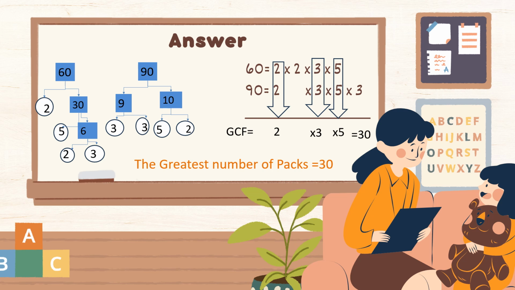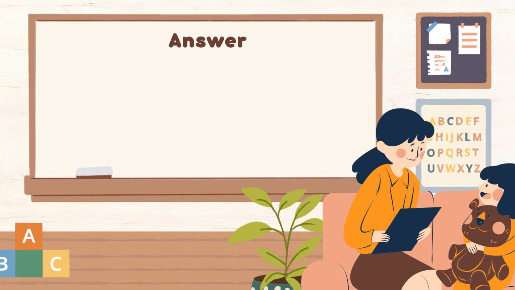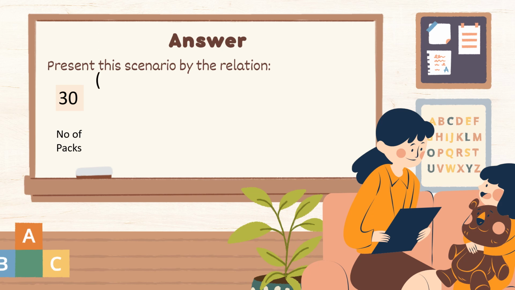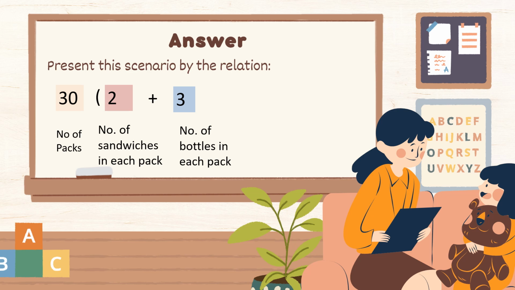Now, we will move to another step to learn a new concept: presenting the scenario by a relation. Now we want to present the things that Dina will do in a relation. 30 equals 30, which is the number of bags, multiplied by what's in each bag: 2 sandwiches plus 3 bottles.